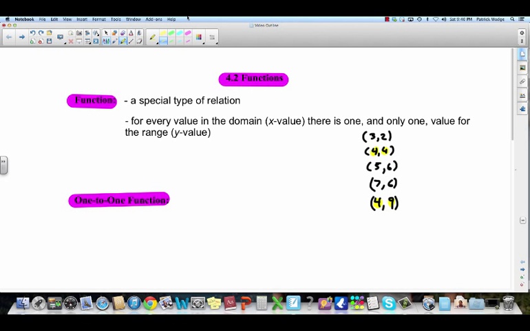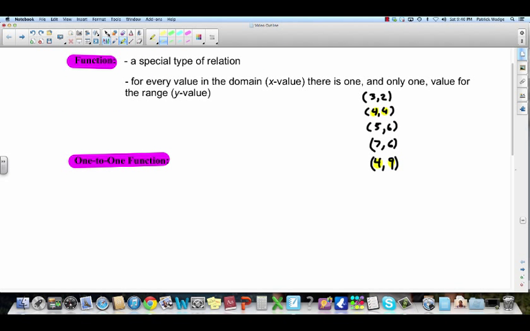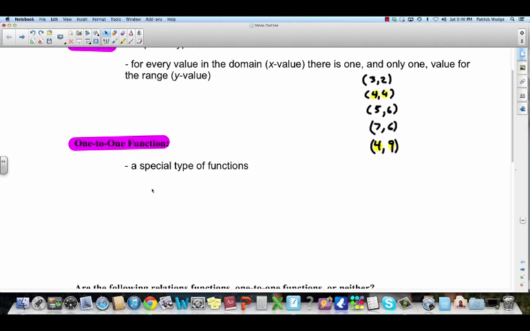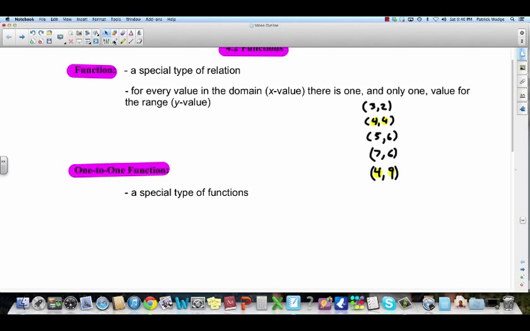Alright, so what's a one-to-one function? Well, a one-to-one function is a special type of function. So, just to be clear about this, there's relations, and then some relations are functions, and then some functions are one-to-one functions.